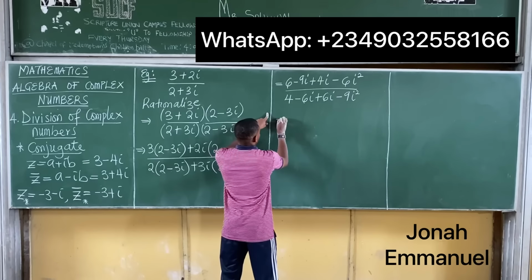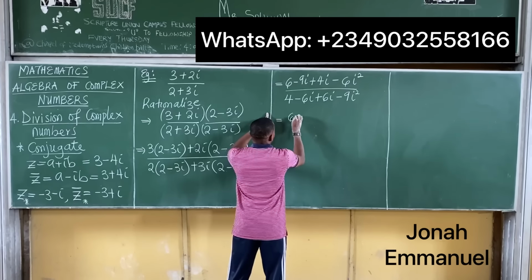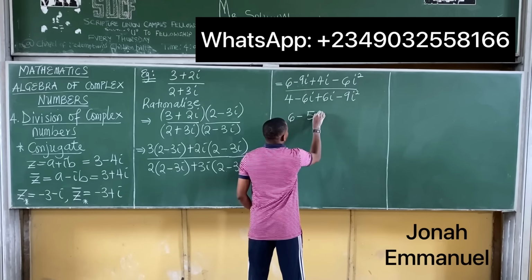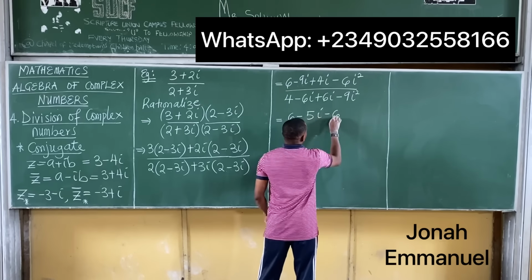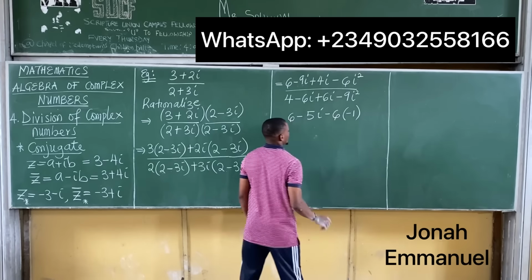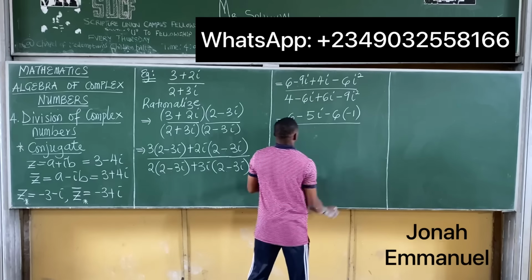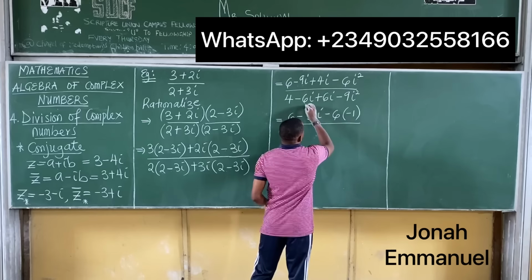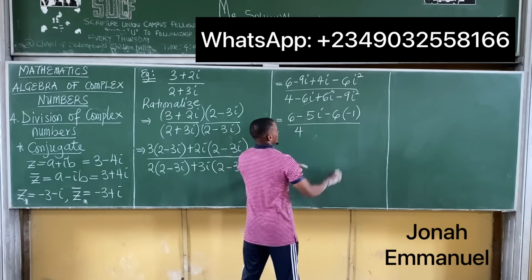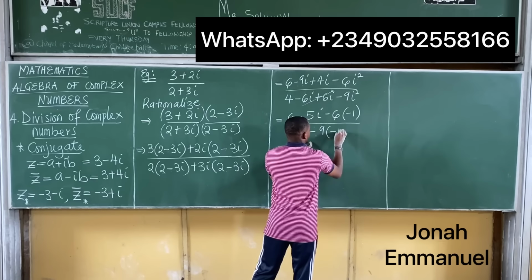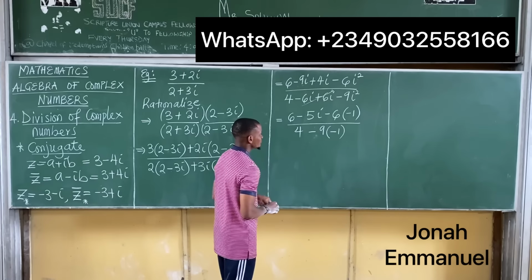So work this out. I'm having 6 minus 9i plus 4i gives you minus 5i, minus 6 into i squared, we said i squared is minus 1, all over, I'm having here 4 minus 6i plus 6i will cancel out. That will give you 0. I'm left with minus 9 i squared, i squared is minus 1.